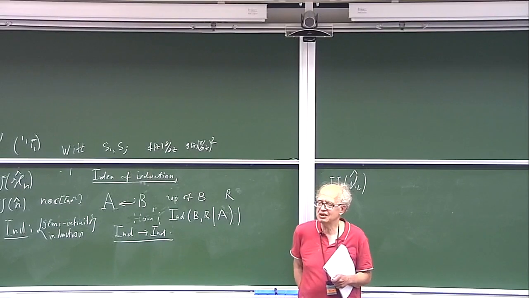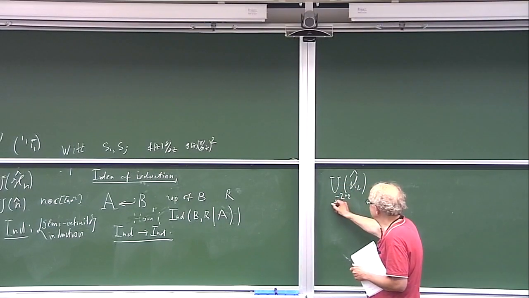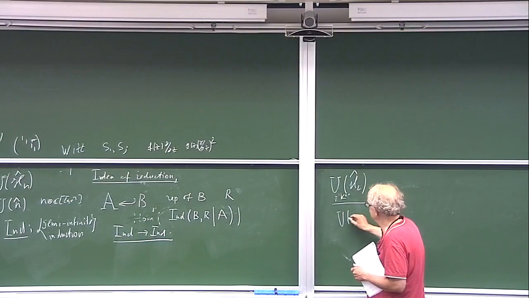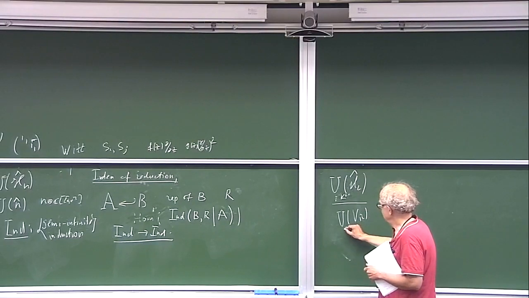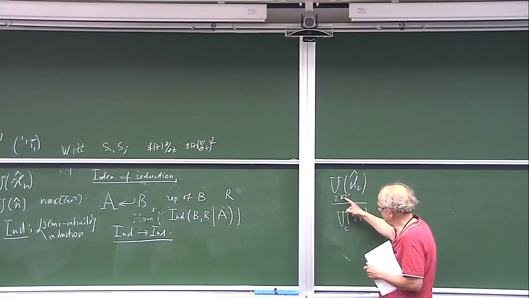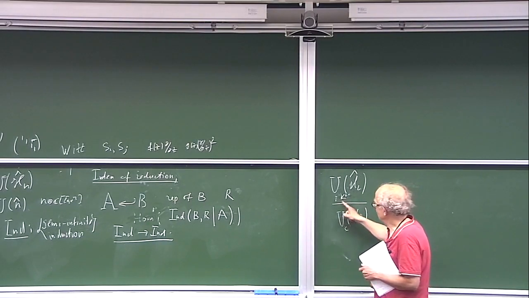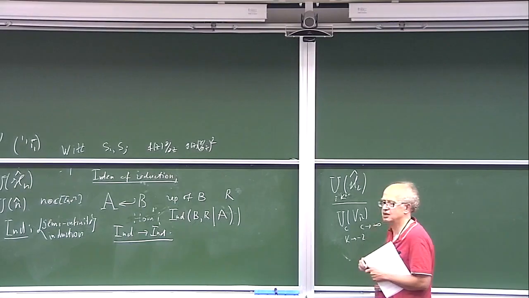For SL2 it is Virasoro, and for Virasoro the situation is the following. In general, for K, the result of the reduction gives me the universal enveloping algebra of Virasoro, where the central charge depends on K. When K goes to -2, this central charge goes to infinity.